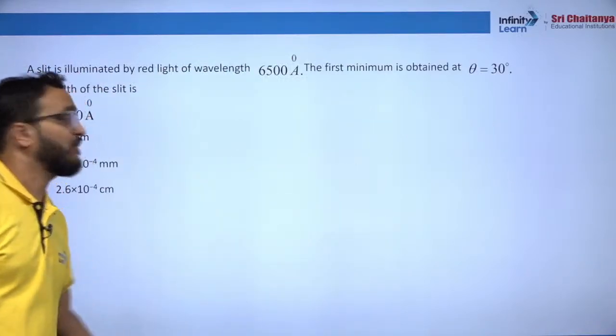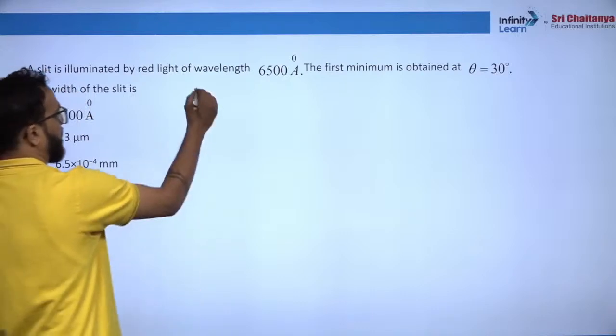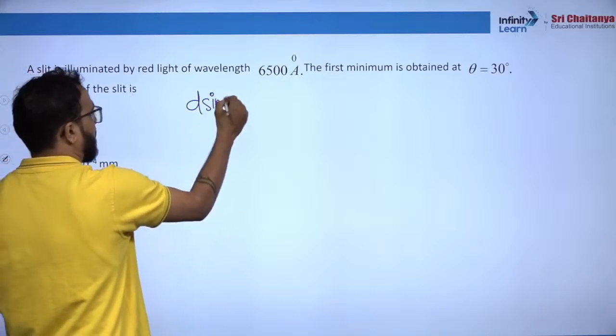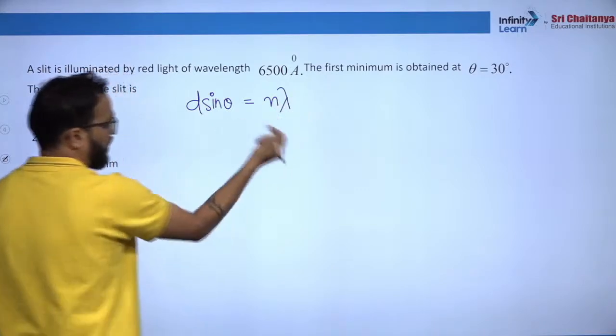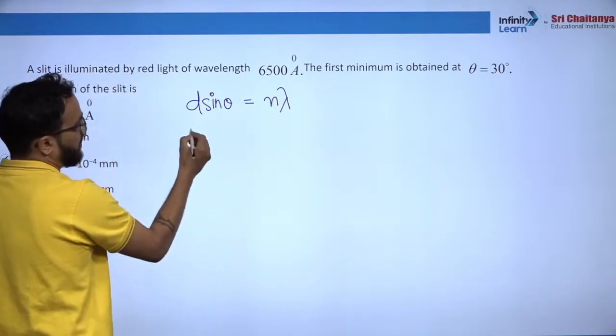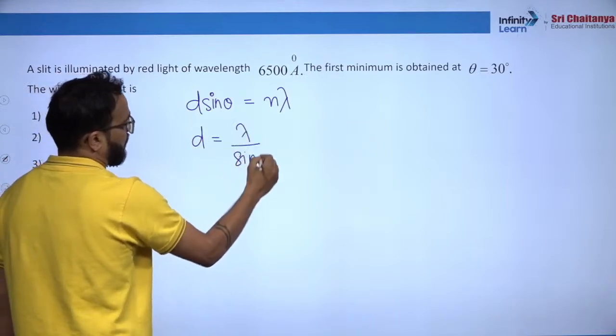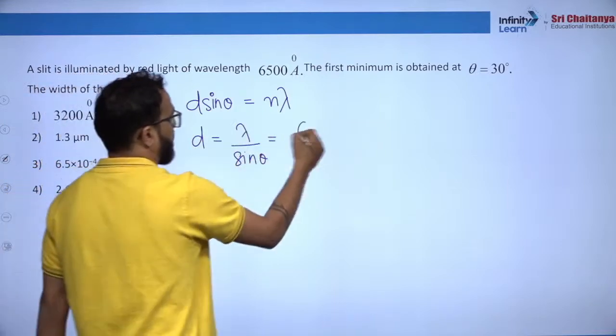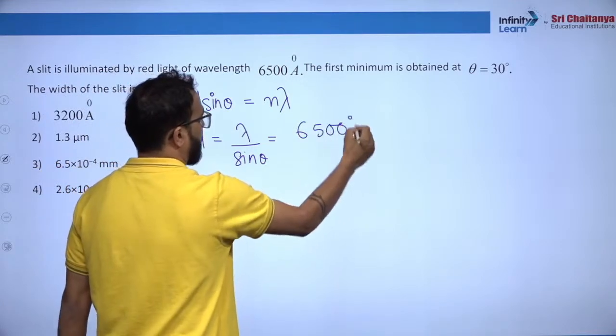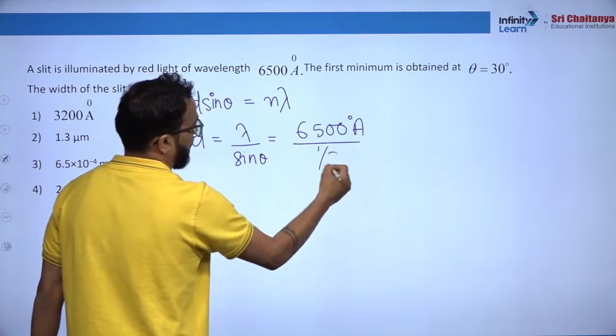So what is the formula for the first minima? d sin theta is equal to n lambda. So d is equal to lambda by sin theta, n will be 1. So lambda is 6500 angstroms upon sin 30, which is half.